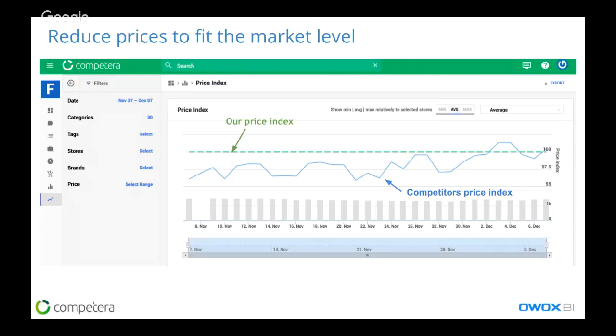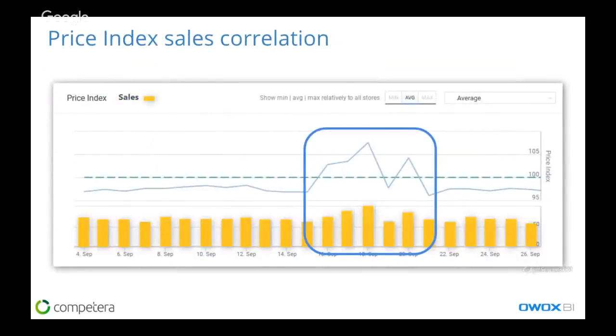And the last thing that I wanted to highlight here is that we can also complement this price index with any kind of data. Right now we see that we uploaded our sales into it, and we can track the correlation when we are getting lower than the market and our sales are increasing.